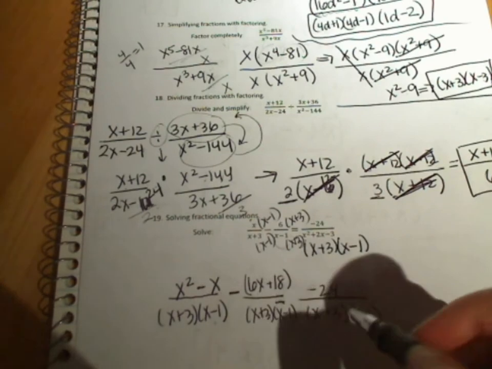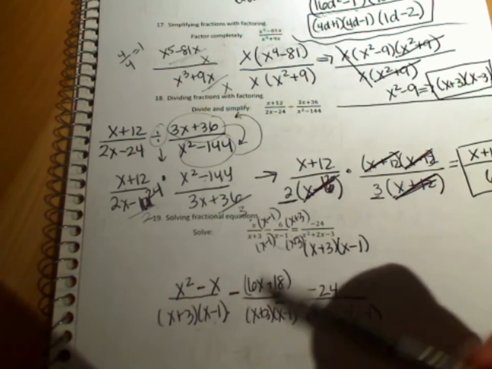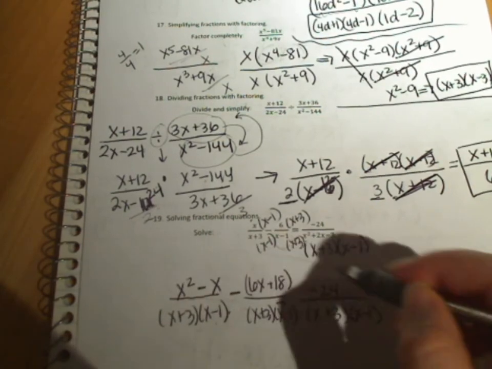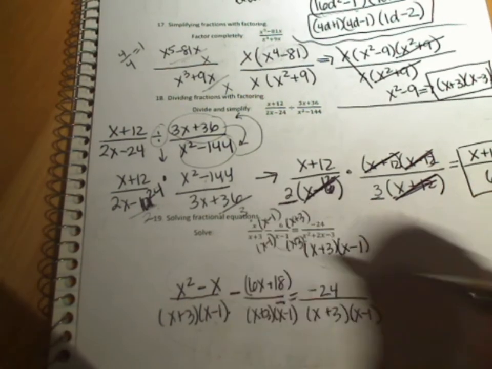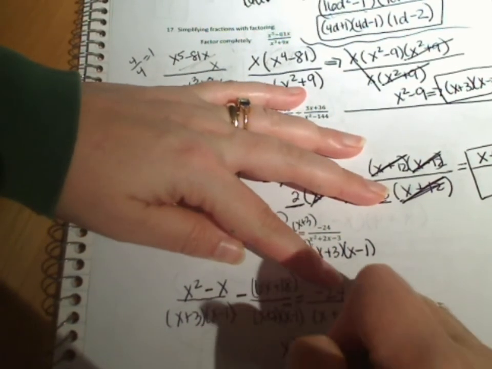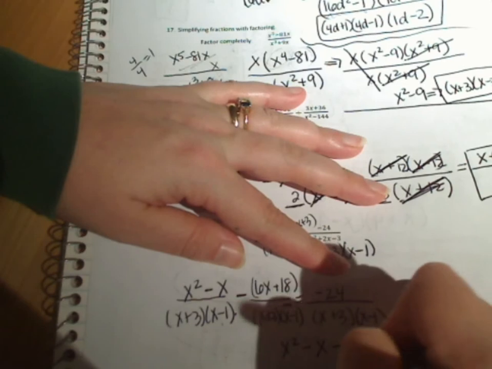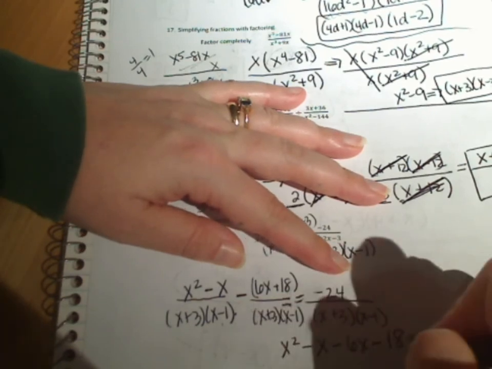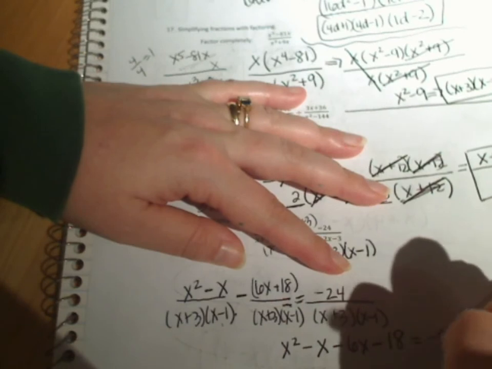Okay, bottoms, bottoms, and bottoms. Everything is the same in the fractions. All these bottoms are equal. It means you just take care of the top exactly how it looks. I have x squared minus x minus 6x minus 18 equals negative 24.